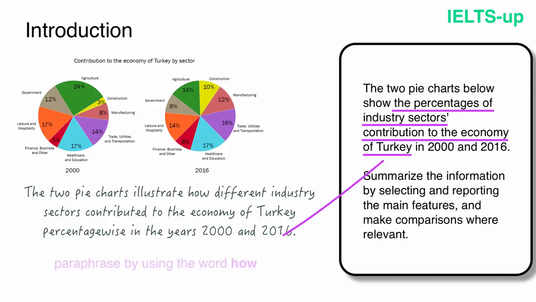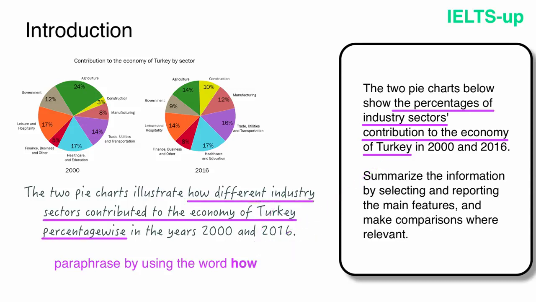Then comes a long phrase, the percentages of industry sector's contribution to the economy of Turkey. I decided to paraphrase it by using the word how. And that's what I've got. How different industry sectors contributed to the economy of Turkey percentage-wise. The word percentage-wise means in terms of percentages. You can see that I used a very nice technique.